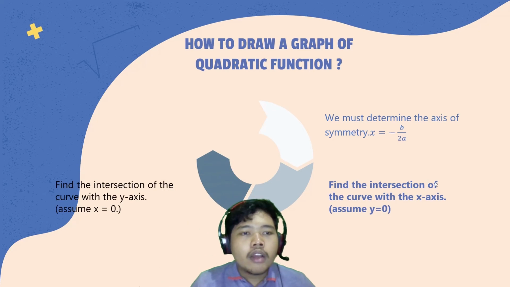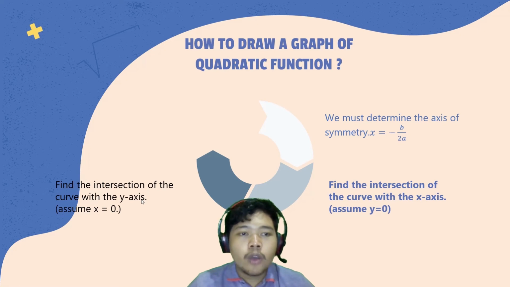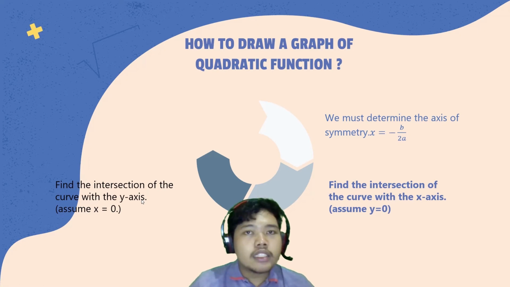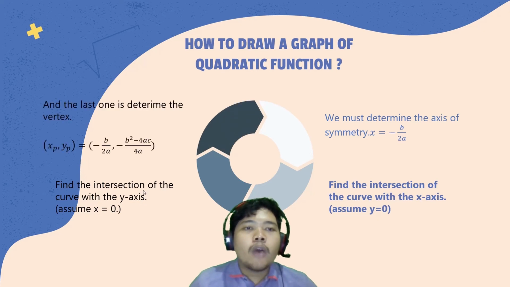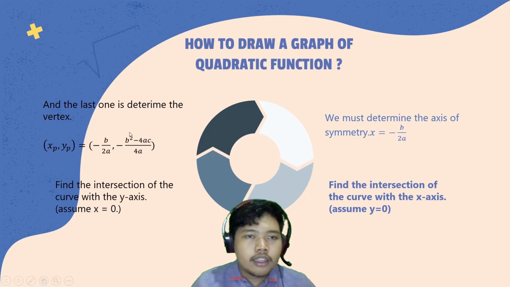The third step is we must find the intersection of the curve with the y-axis. To find it, we must assume that x is equal to 0. And the last step is we must determine the vertex. To determine the vertex, we can use this equation. Okay? Please remember this equation.